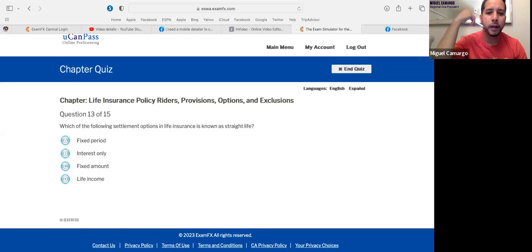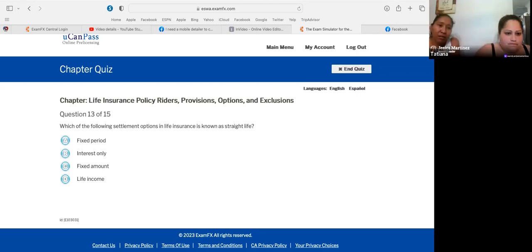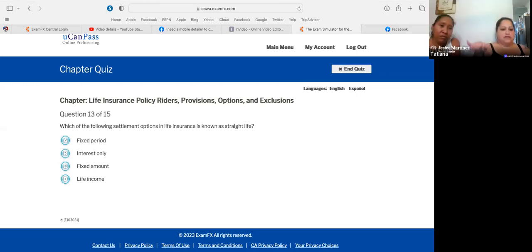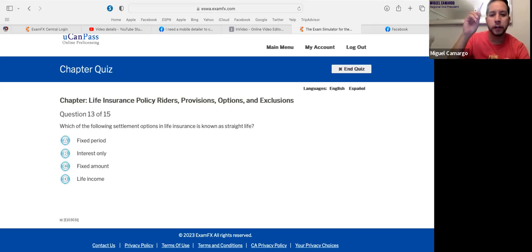Which of the following settlement options in a life insurance is known as straight life? You're going to receive the money for your straight life. Their life is level, so that would be like life income? No. Remember, this is going to go based off of CLIF, the acronym for CLIF.